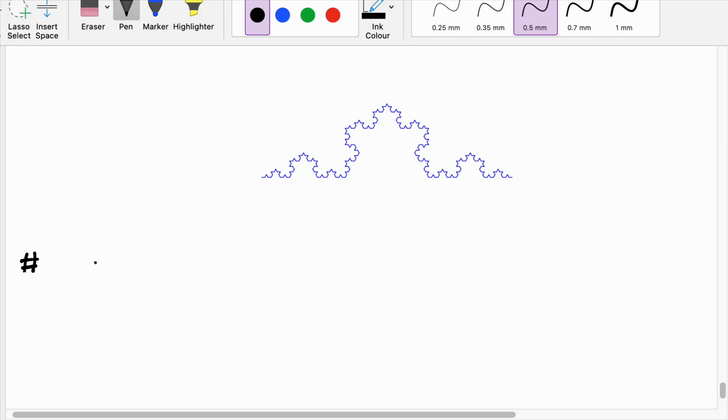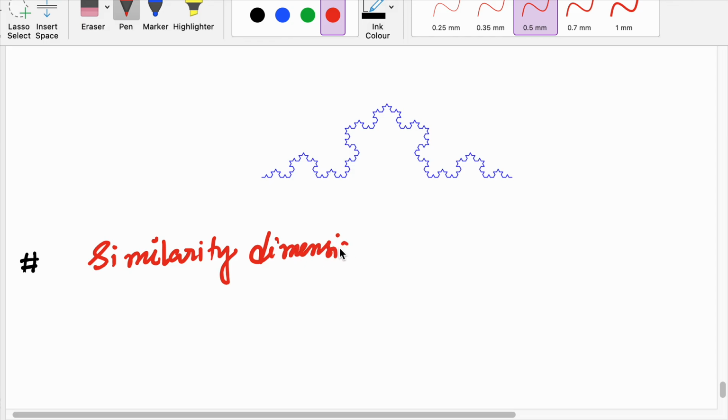So let's generalize the dimension for an object which is self-similar, and that definition of the dimension is called the self-similarity dimension. So what does the similarity dimension mean? Since the simplest fractals are self-similar, that's why we are doing it.